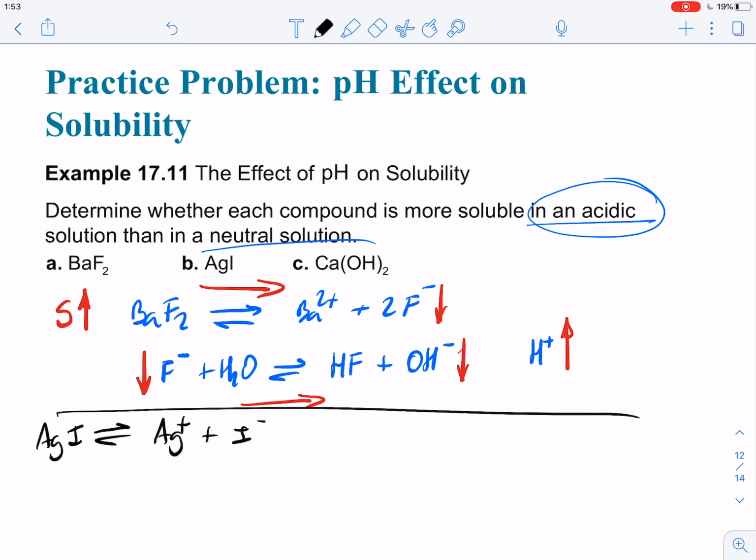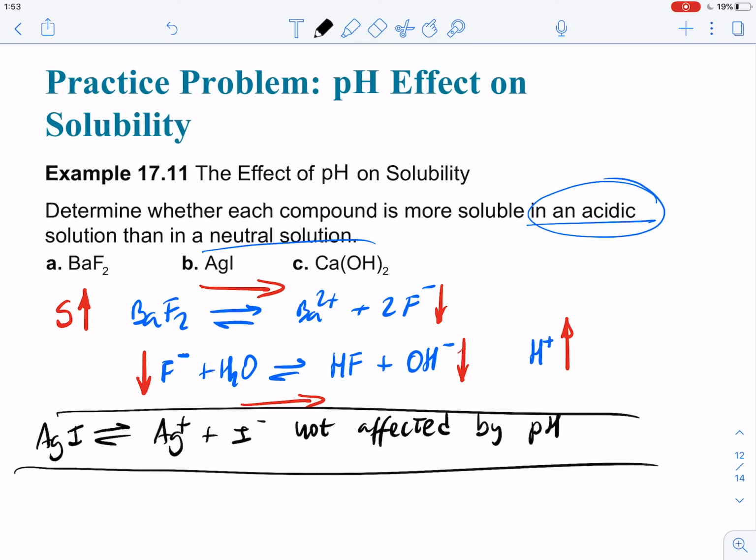They don't have acid-base behavior. So this is not affected by pH. The solubility will remain the same regardless of the pH.